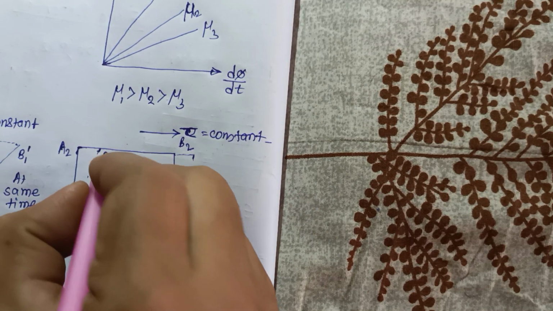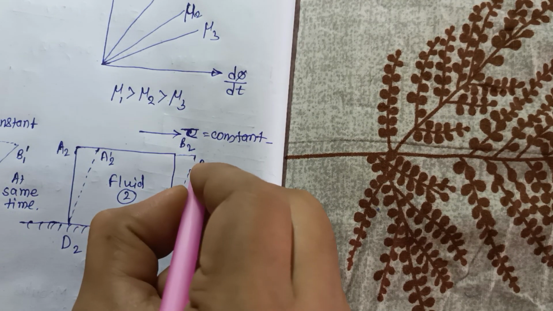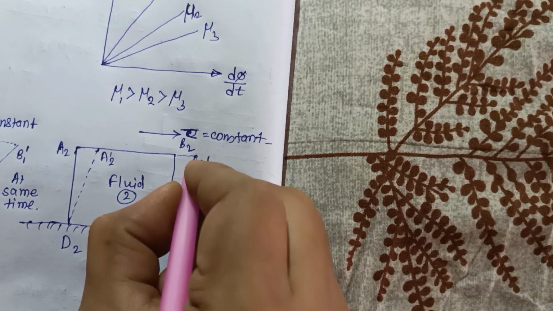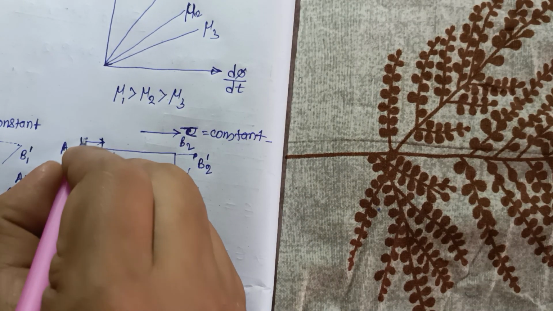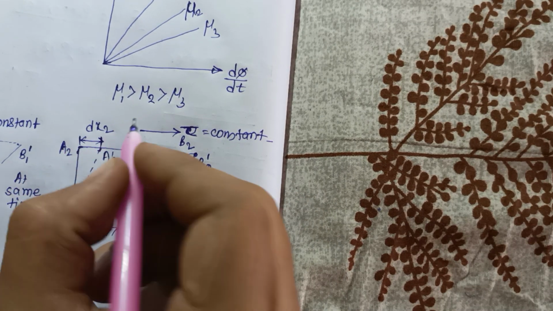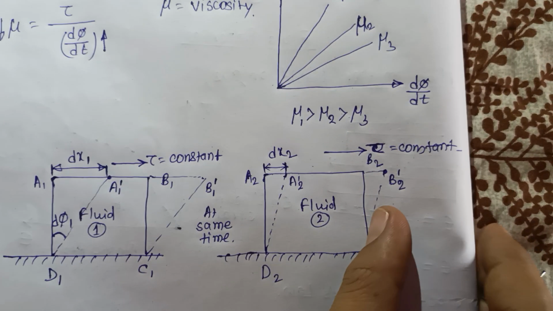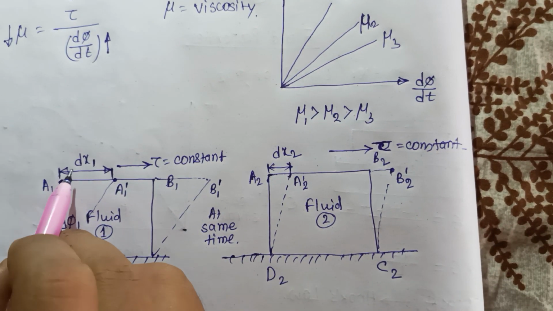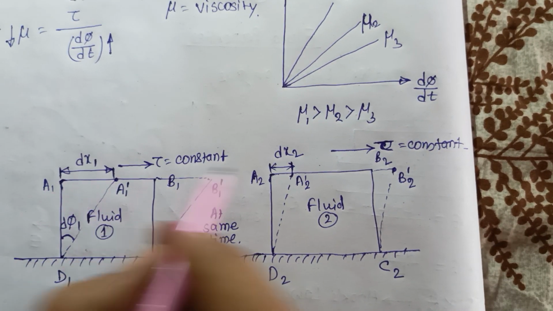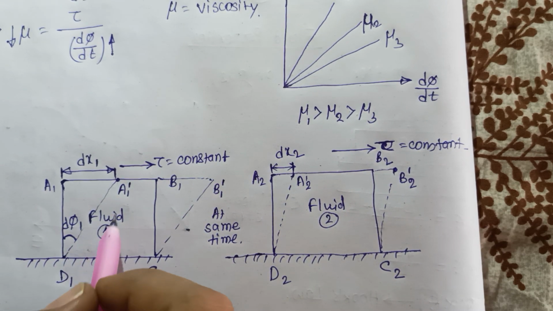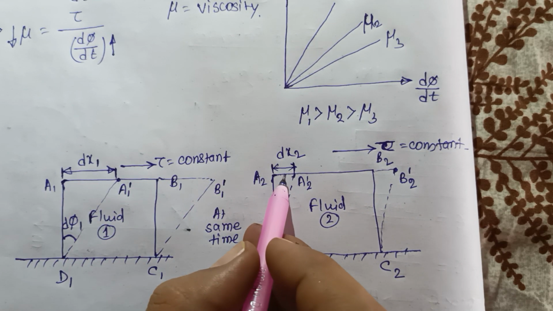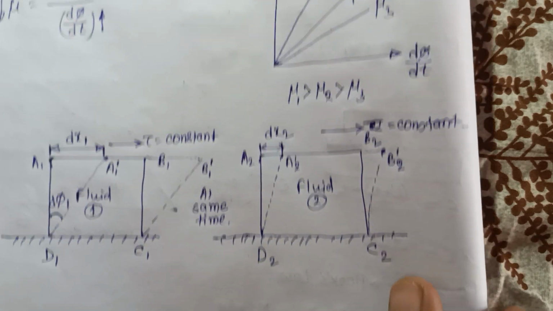This is a2 dash, this is b2 dash, and this distance is dx2. So here dx1 is greater than dx2.